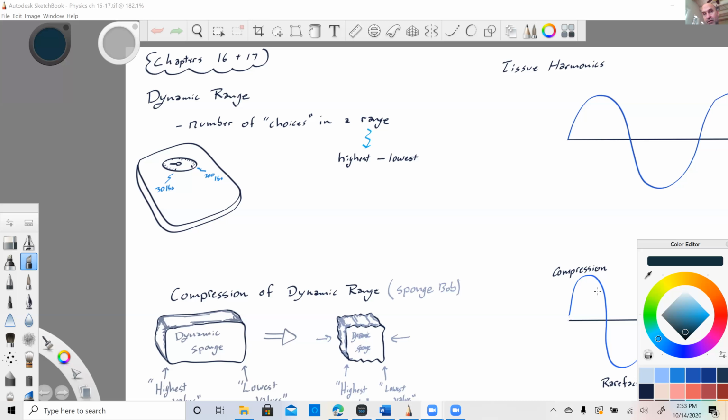If the dynamic range is too low, then we go from a very bright to a very dark environment or image very quickly, and we end up getting more of a black and white image, and that doesn't help us either. So we do want to be somewhere in the middle of our dynamic range.